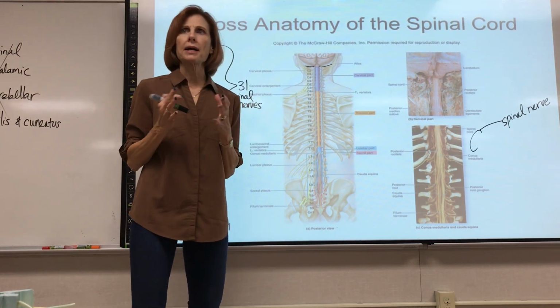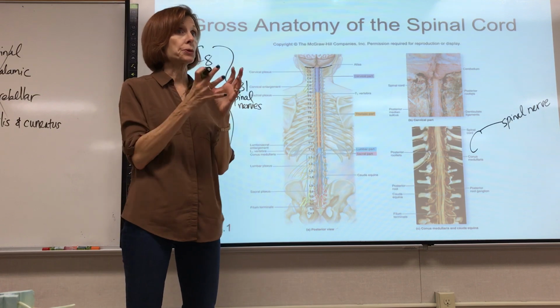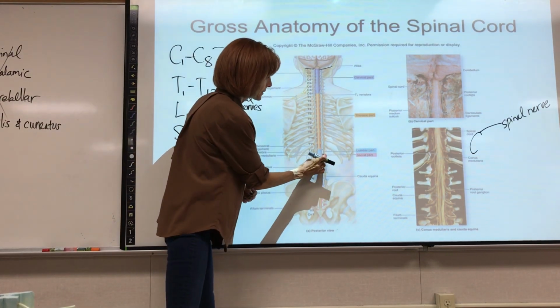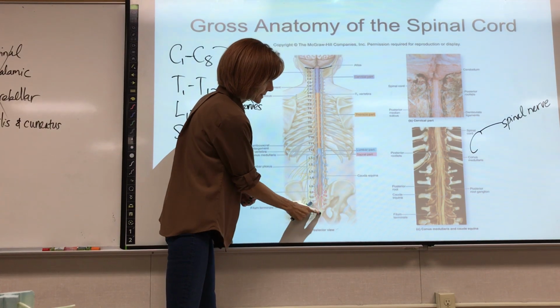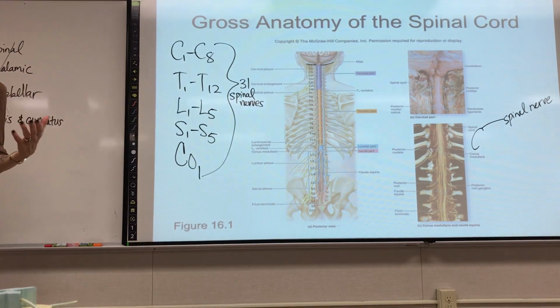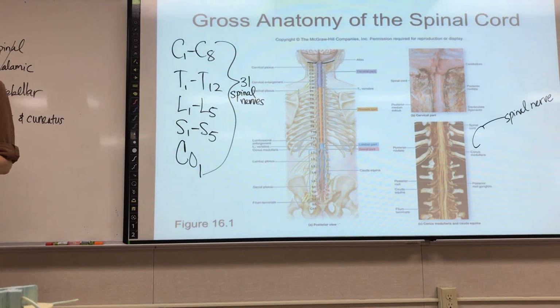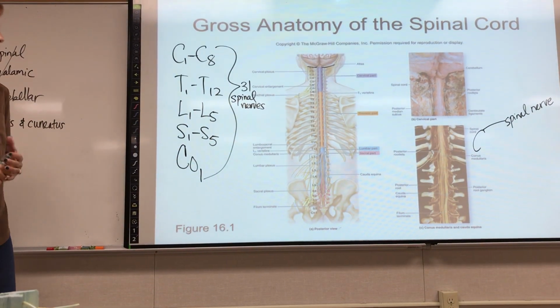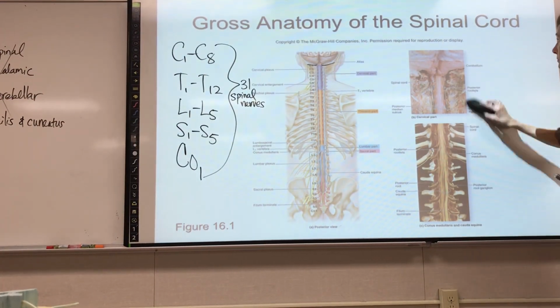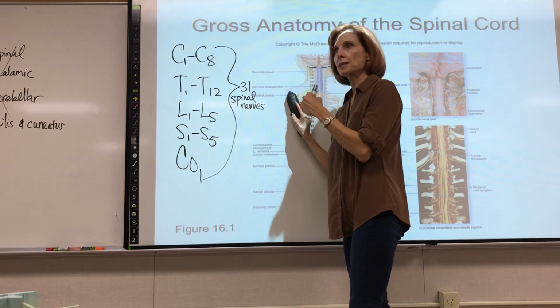You guys remember how the pia mater is fused to the brain and it's also fused to the cord. So it will extend off the end of the cord and travel down to the coccyx. But it has a special name in that area. Instead of just calling it pia mater, it's called the filum terminale. Okay? Any other questions on any of that?